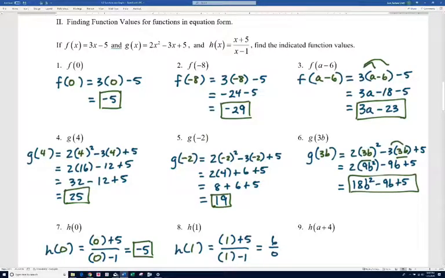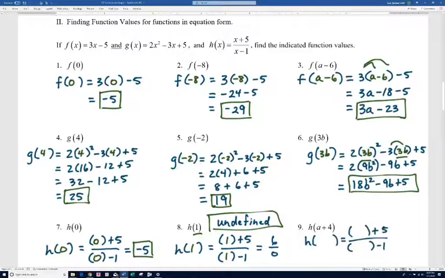We can't have 0 in the denominator of a fraction. And so we would write the answer as undefined. What we're really saying here is 1 is not in the domain of this function, because when I plug in 1, my output's undefined. So here, this function's not defined for an input of 1.